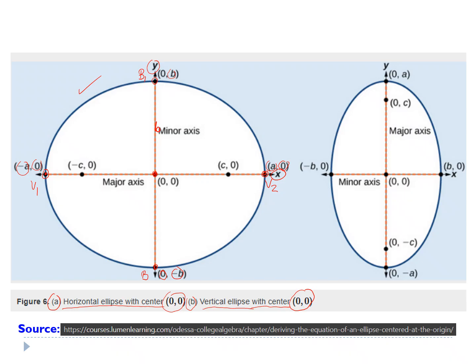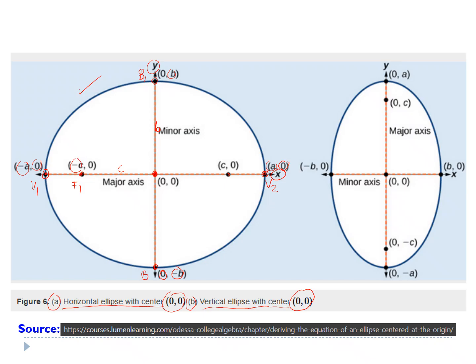since this is below the x-axis. And for the foci, let's start from this point here, as F1. We know that the distance from the center to any of the foci is equal to c. So from this center, which is the origin, going to the left, c is negative.